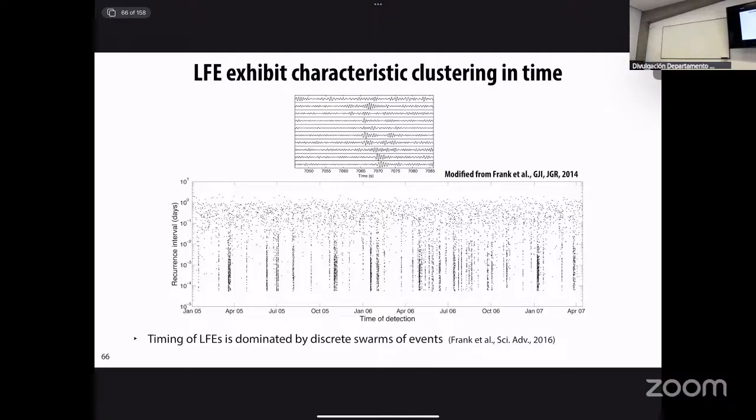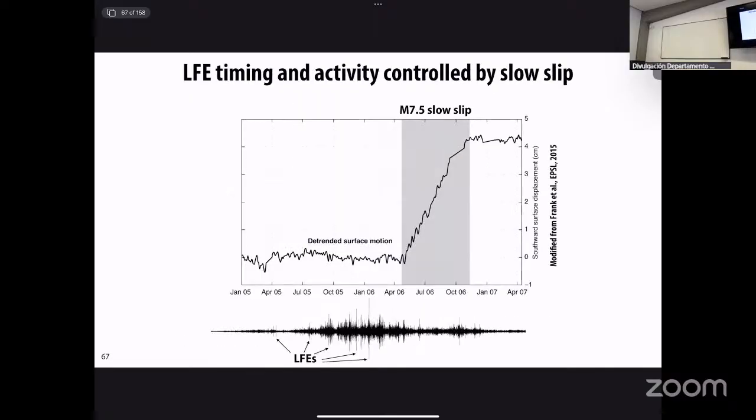And the rate at which it radiates is very well correlated with slow slip. So if we look here at a GPS time series over 2.5 years, and we just remove a linear trend, it's flat. And then we see this big slow slip event, 4 centimeters of displacement at the surface.